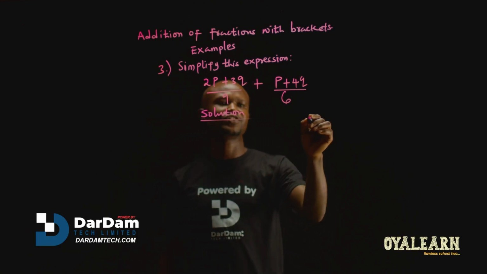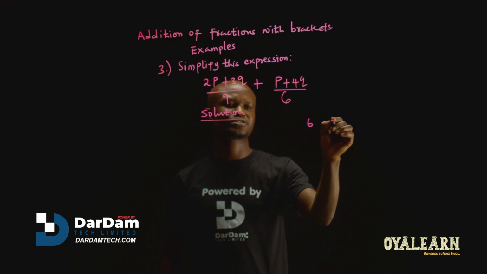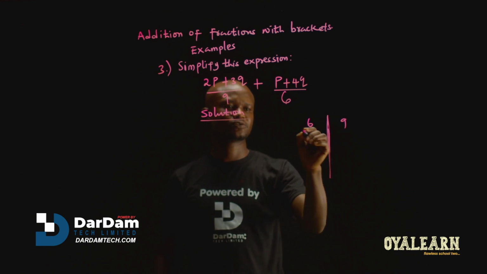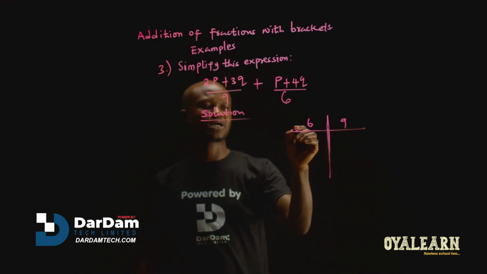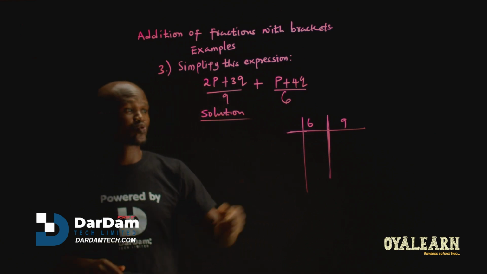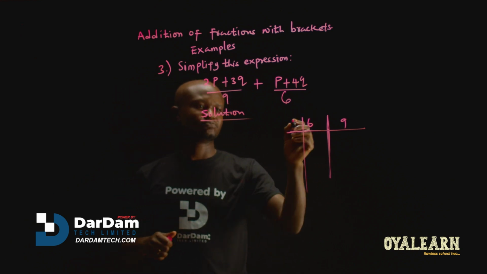To get the LCM of the denominators, we have 6 and 9. What number will divide 6? That is 2.